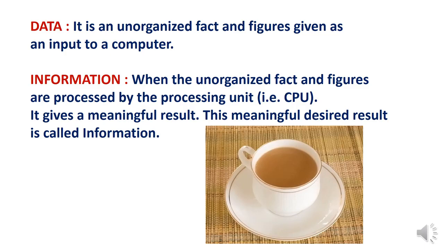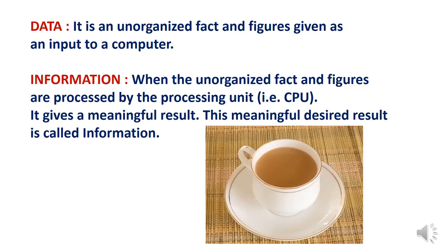Now how do we process to make a cup of tea? In the pan, do we put the sugar first to make a cup of tea? The answer is no. We need to provide the ingredients, the water and the milk, in a sequential manner, in an organized manner.